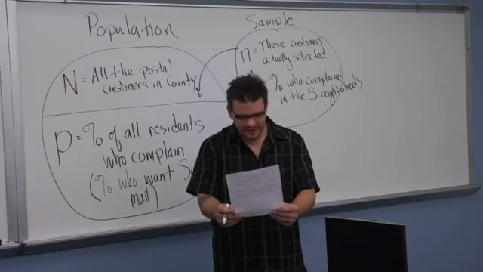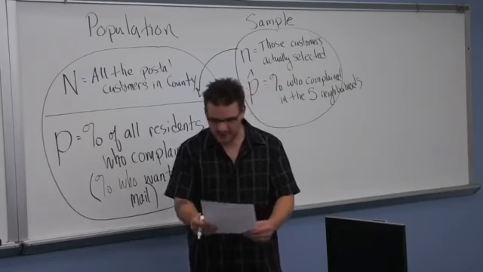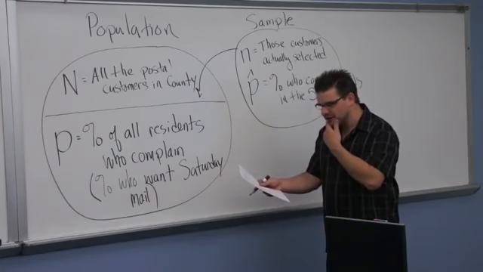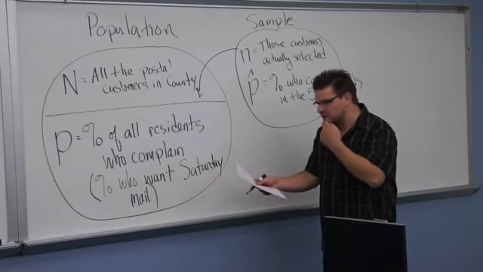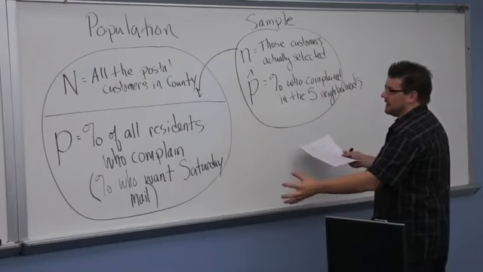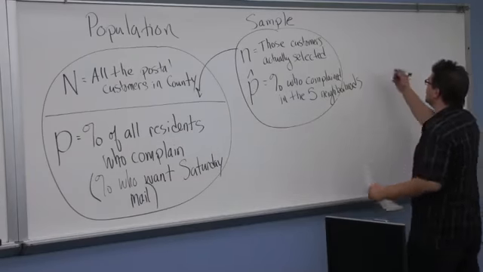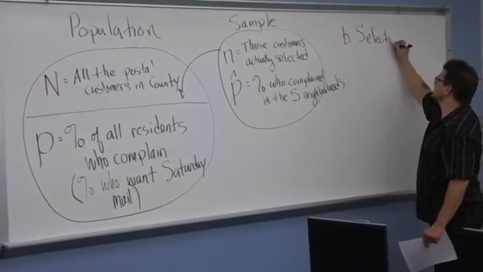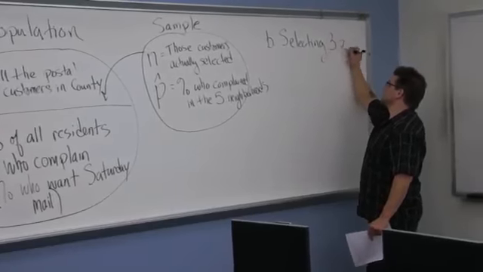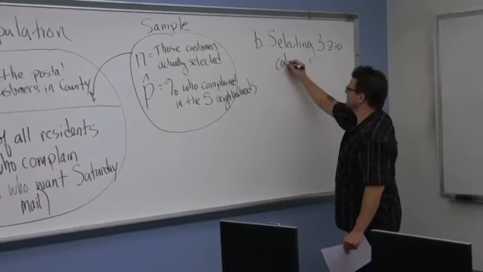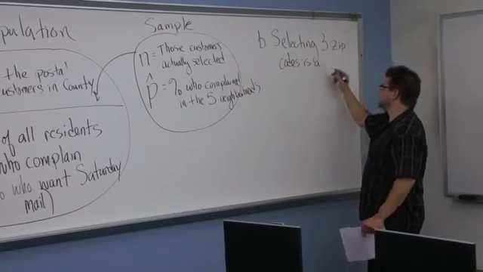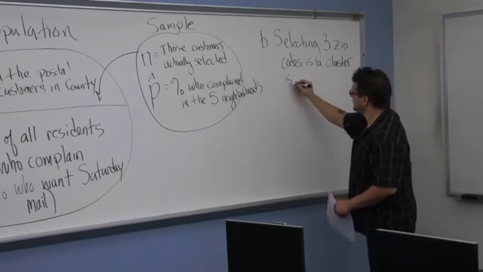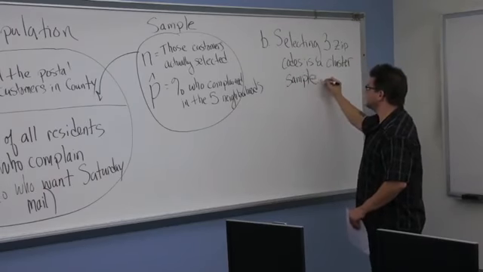Okay. Part B then, identify all methods of sampling used in the problem. Let's think about this. Cecil County has 10 zip codes. 3 were selected by the postmaster. So if I break Cecil County into the 10 zip codes, for part B here, selecting those 3 zip codes is a cluster sample.